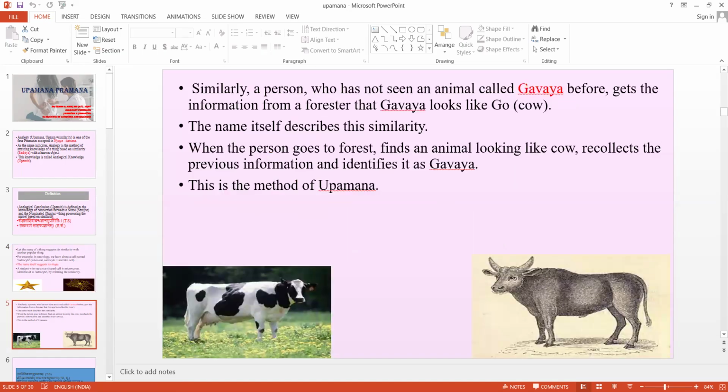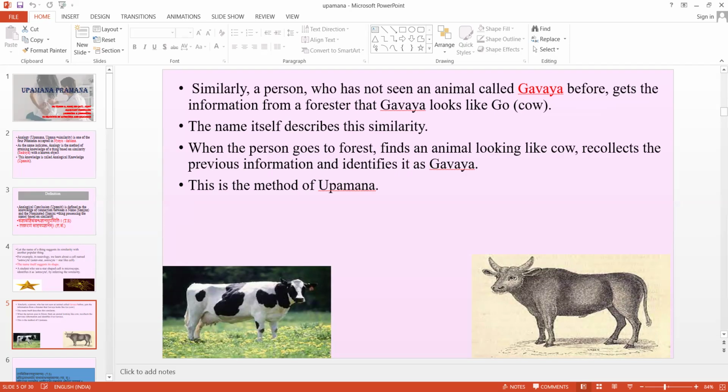This is what I told: a person who has not seen the animal called Gavaya before gets information through the forester that Gavaya looks like a cow. So the name itself describes this similarity.